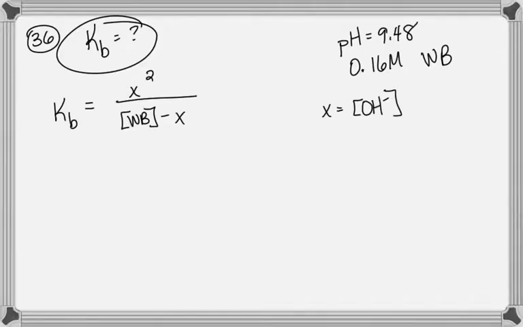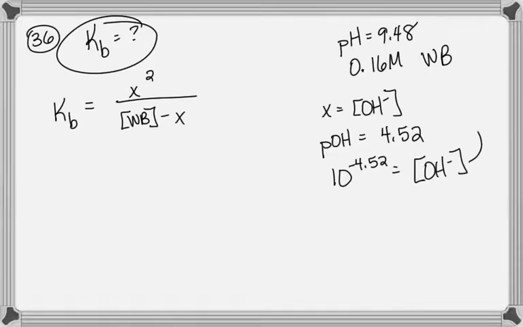You can get x from this information because if the pH is 9.48, then 14 minus that is the pOH. So the pOH is 4.52. And then the inverse log of the pOH will give us the concentration of the hydroxide ion.